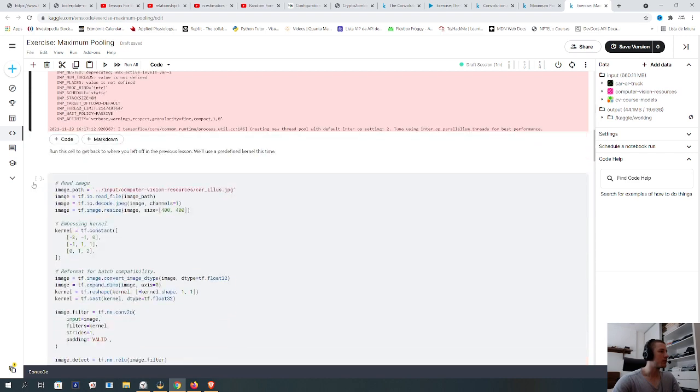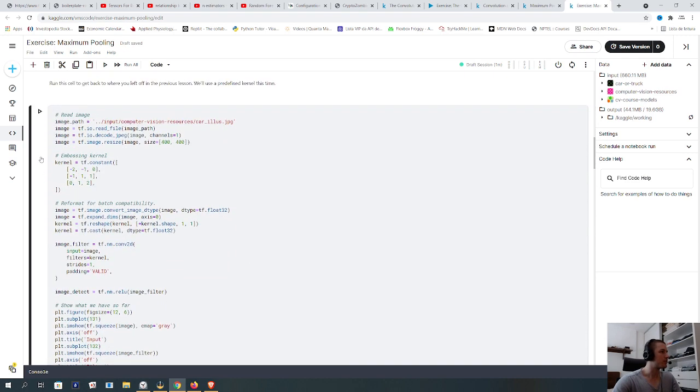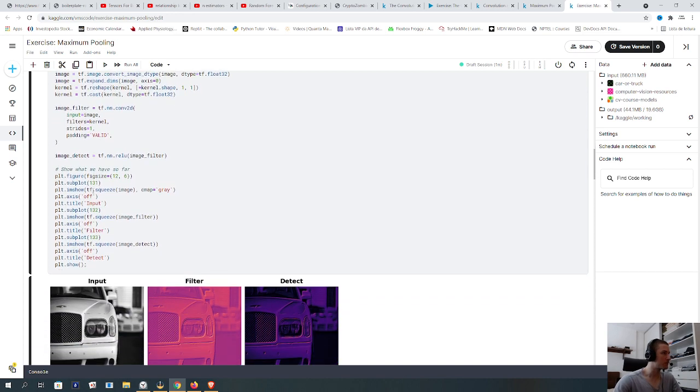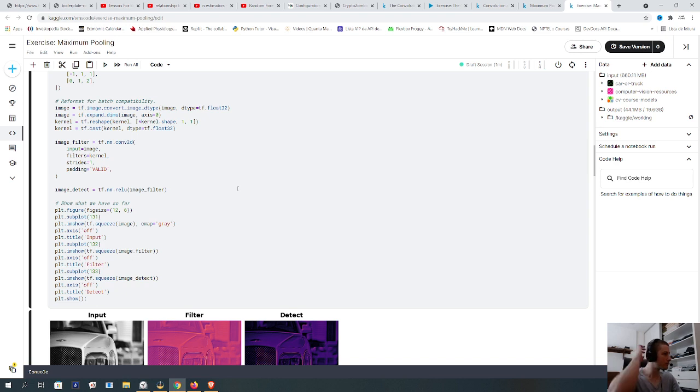So just importing the initial stuff, decoding the image and resizing it, creating the kernel, converting the image to a float. We're going to reshape. Image filter, tf.nn.conv2d.